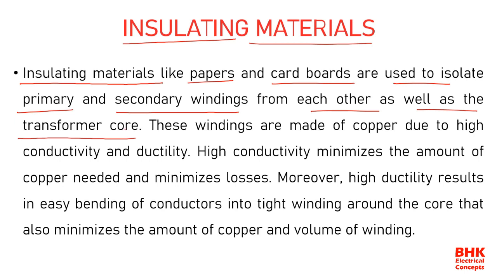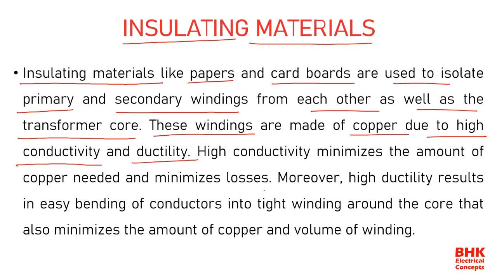The concept is to insulate the primary winding and the secondary winding separately, including the transformer core, because if all are combined we will face short circuits. So to avoid that problem, we insulate each and every winding separately, including the transformer core.